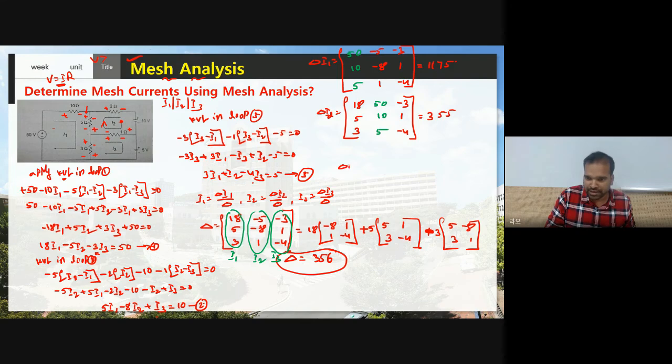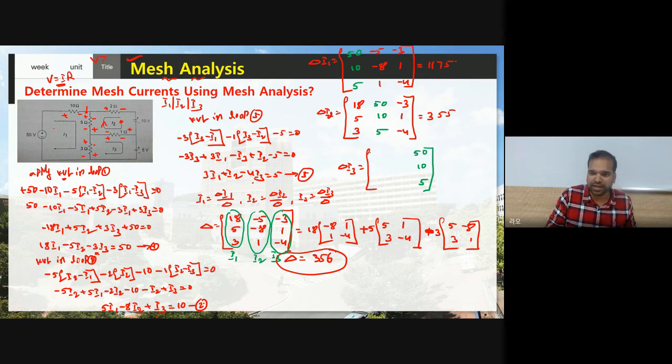Now you need to write delta I3. Instead of the I3 terms, you need to write the constant values from equations 1 to 3: 50, 10 and 5. The I1 and I2 terms are the same.